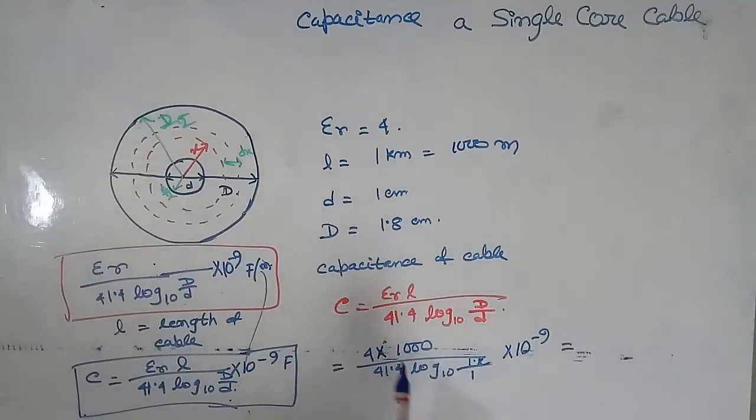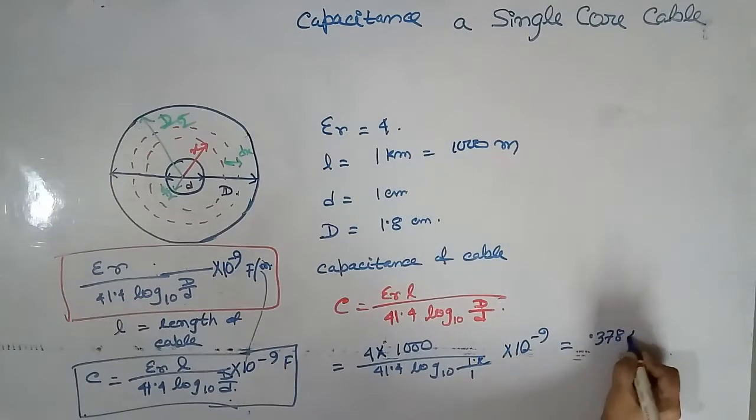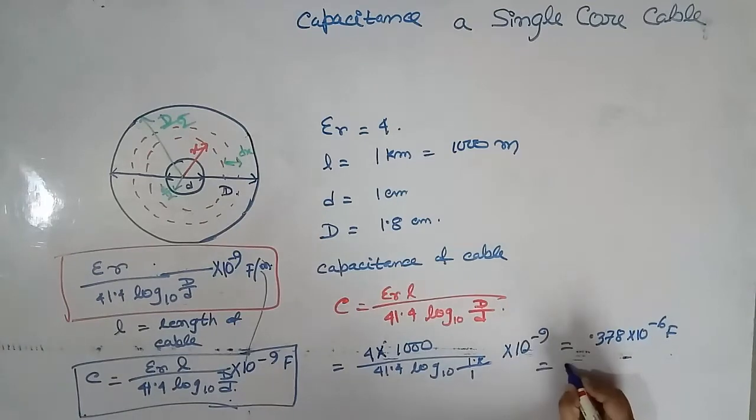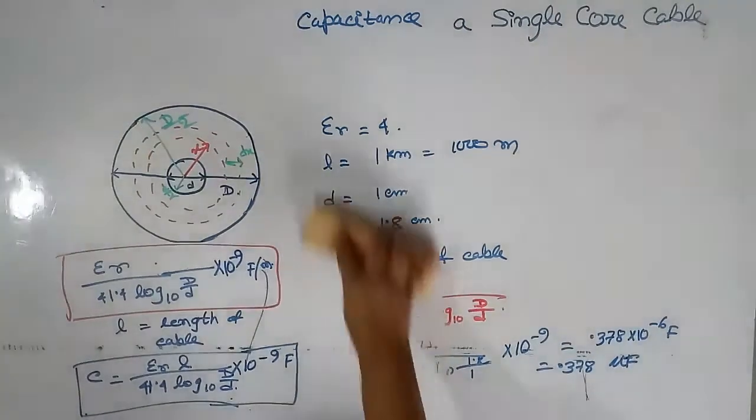So putting the value of epsilon r, L, capital D and small d, the value of capacitance is equal to 0.378 into 10 to the power minus 6 farad, or we can say 0.378 microfarad.